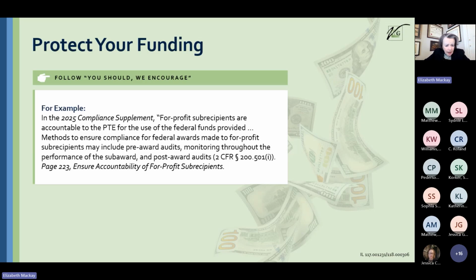Methods to ensure compliance for federal awards made to for-profit subrecipients may include pre-award audits, monitoring throughout the performance of the subaward, and post-award audits. Again, this is ensuring the accountability of for-profit subrecipients.